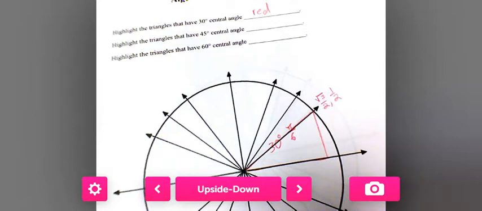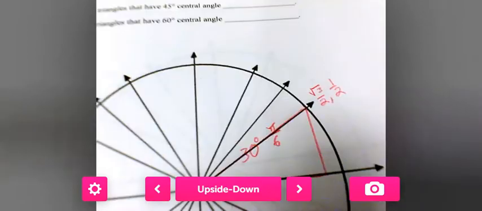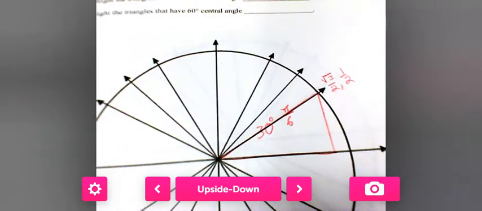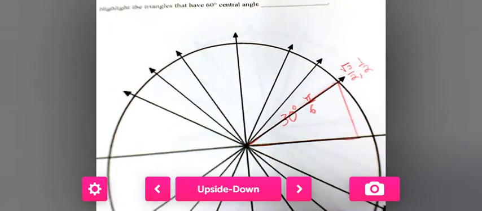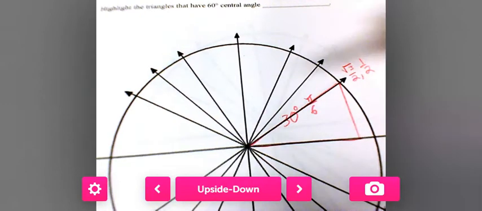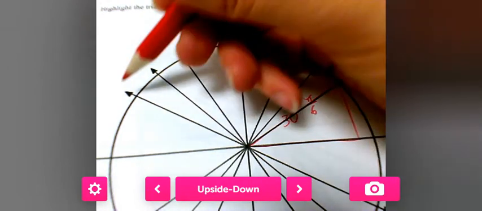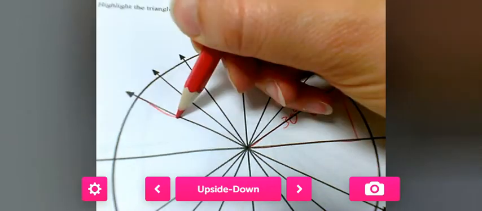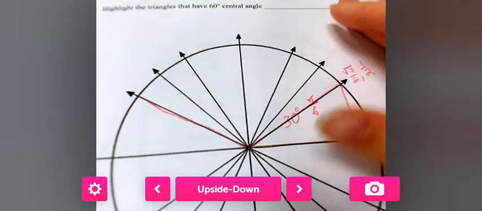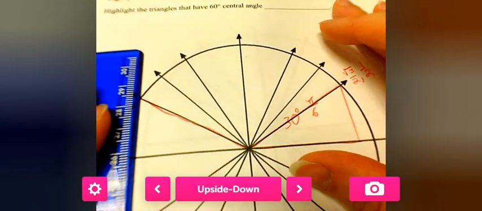We're going to have to look at both: 30 degrees and pi over 6. Now if we were to reflect this over the x-axis, we would get this right here. We're going to draw a line that's straight up and down here.